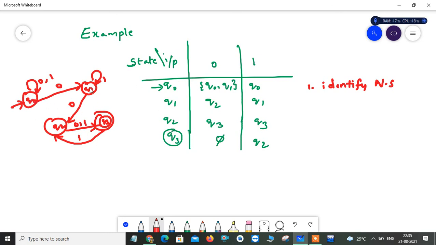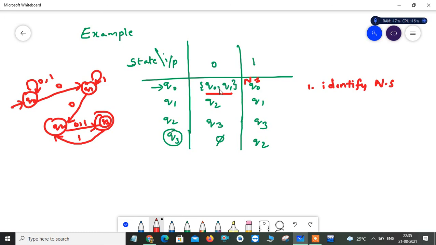You have the states Q0, Q1, Q2 and Q3, and these all already exist in your existing state diagram. Whereas this Q0, Q1 combination does not exist in your state diagram. So you consider this as your first new state.